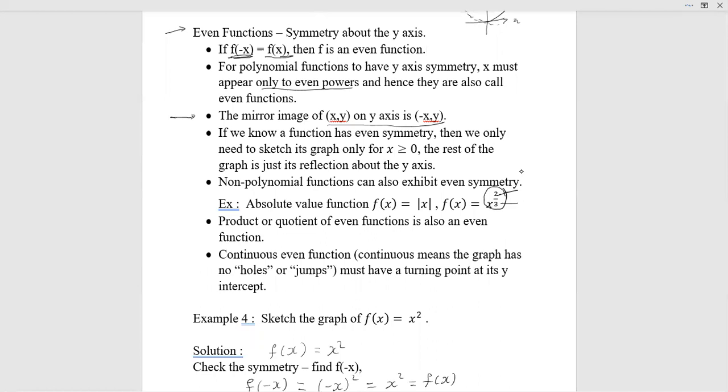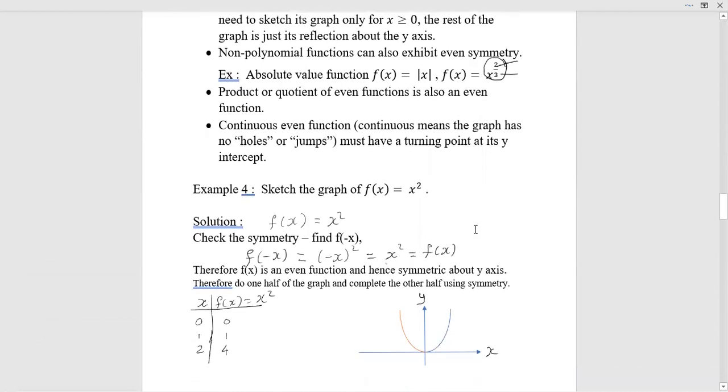A continuous function, continuous meaning the graph has no holes or jumps, must have a turning point at its y-intercept. Those continuous functions must have their turning points at the y-intercept. We're going to see why it happens.